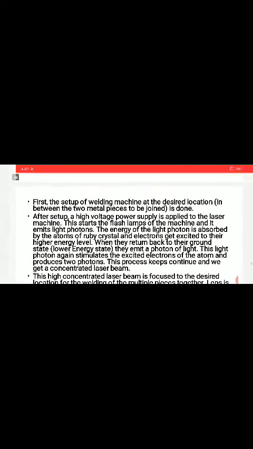This starts the flash lamp of the machine, and it emits high energy light photons. The energy of the light photons is absorbed by the atoms of the ruby crystal, and electrons get excited from the lower energy level to a higher energy level, and then an intermediate level, gaining very high energy, and return back to the original level.